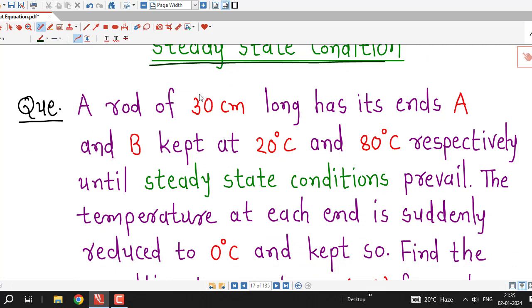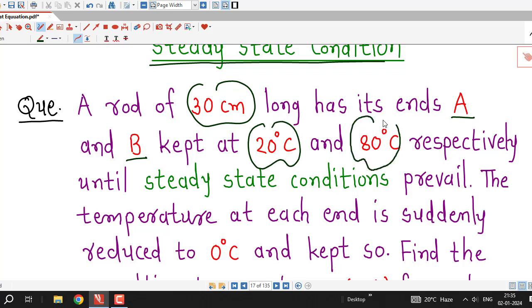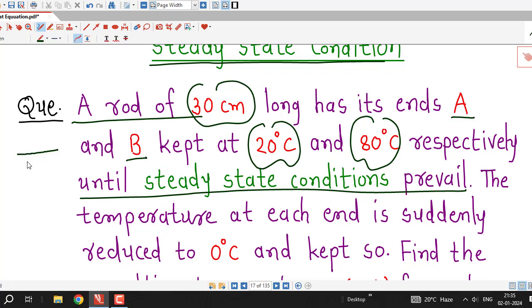What is given? A rod of 30 cm long has its ends denoted by capital A and B kept at 20 degrees Celsius and 80 degrees Celsius respectively until steady state conditions prevail. So this is the situation in the steady state system. During this steady state, temperature U depends only on one variable, say position, or U is a function of X only.